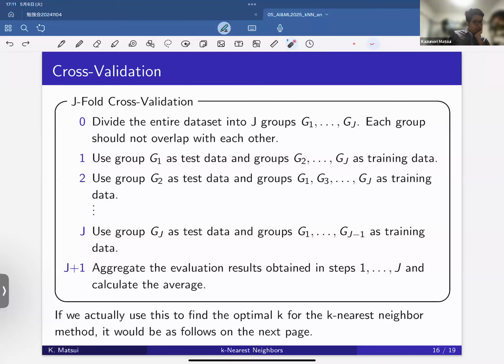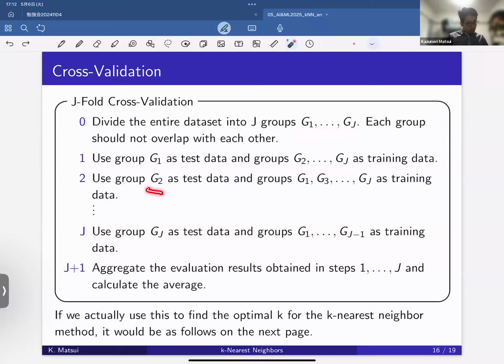So what is J-fold cross validation? We divide the entire dataset into J groups, ensuring that these groups don't overlap with each other. First, we use group G1 as test data and groups G2 through GJ as training data.